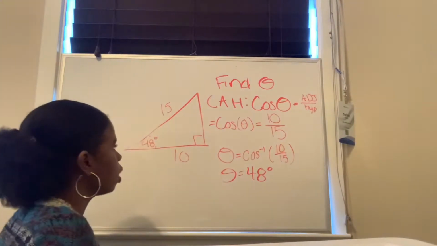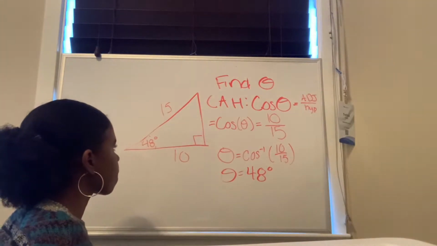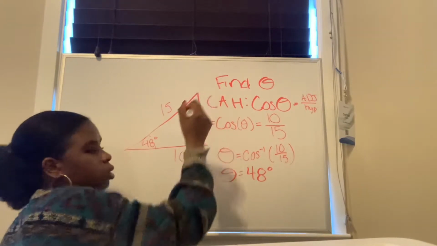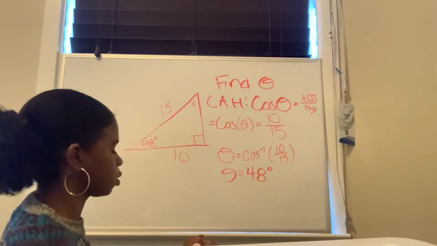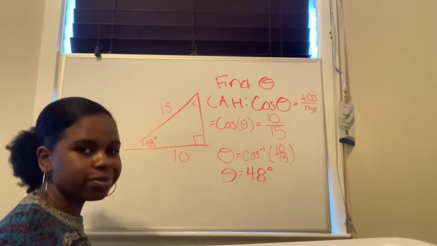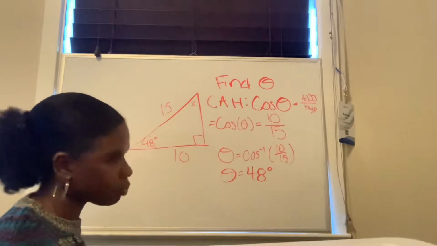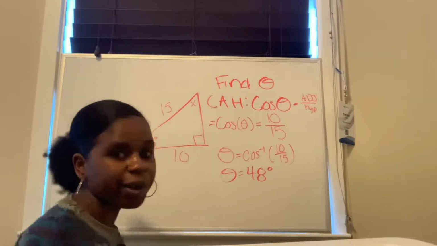Now to find this angle, I'm going to name it X. There's two methods. I'm going to do the hard method first. Then I'll show you the easy way. You probably don't know what the easy way is, but I'm going to do the hard way first.